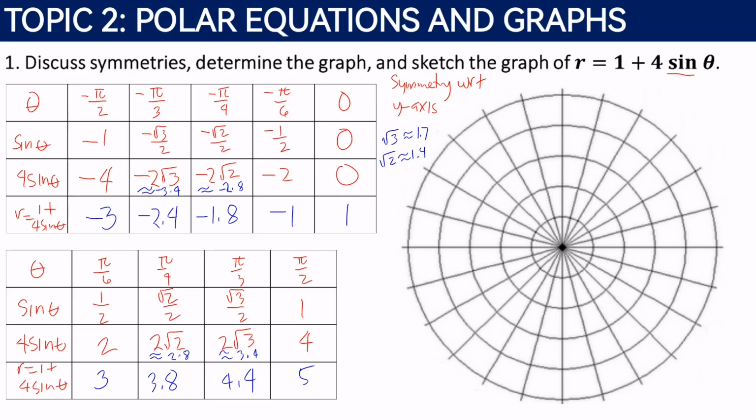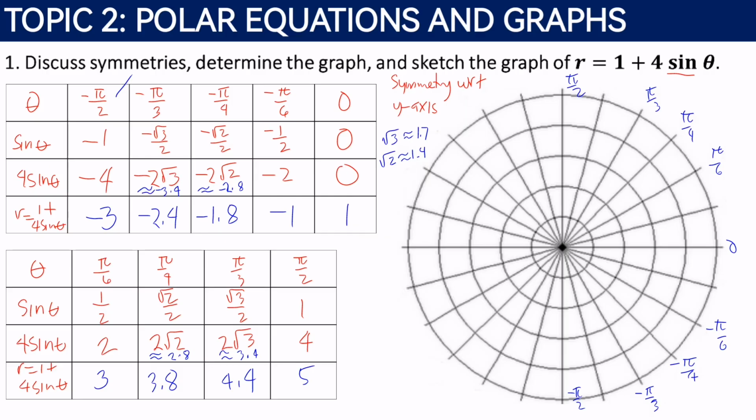I think we are now ready to plot our points. And remember that there is symmetry with respect to y-axis. So this is negative pi over 2, negative pi over 3, negative pi over 4, negative pi over 6, 0, pi over 6, pi over 4, pi over 3, and pi over 2. Let's start with negative pi over 2, negative 3.